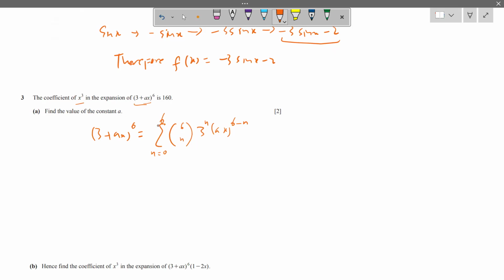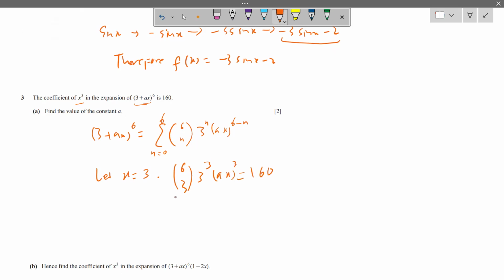For the coefficient of x cubed, we have to let n equal 3, because that will give us an expression where the power of x is equal to 3. So the coefficient is going to be 6 choose 3, times 3 to the power of 3, times a to the power of 3, and it should be equal to 160.